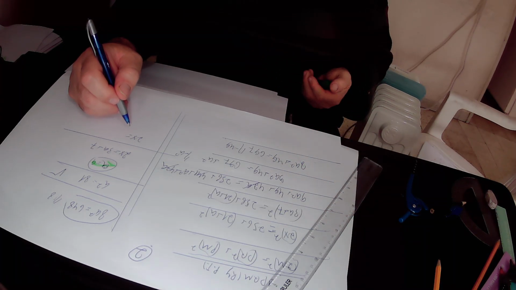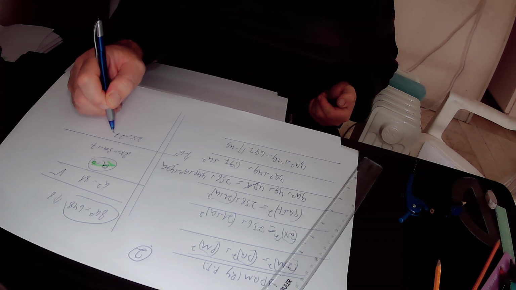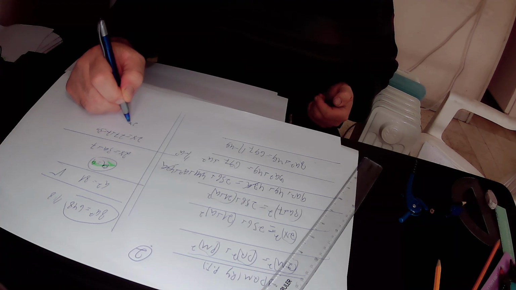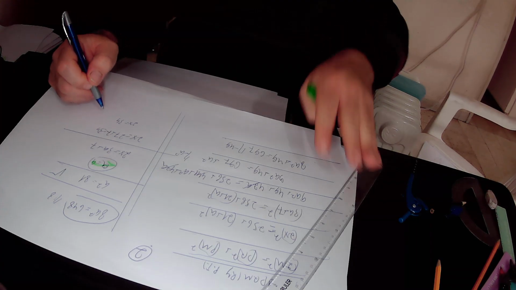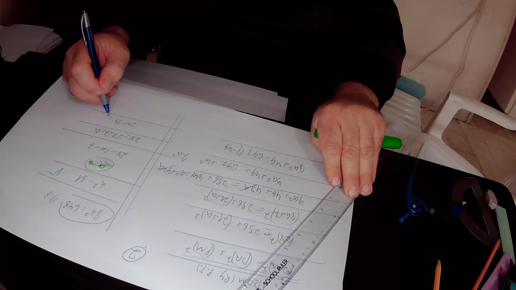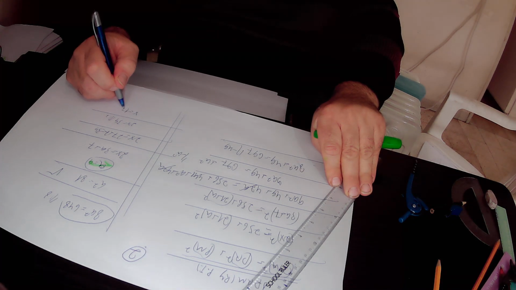A is 9, so 3a is 3 times 9, that is 27, plus 7. 27 plus 7 is 34. So 2x equals 34. Here we divide this equation by 2 and we get that x equals 34 over 2, that is 17.